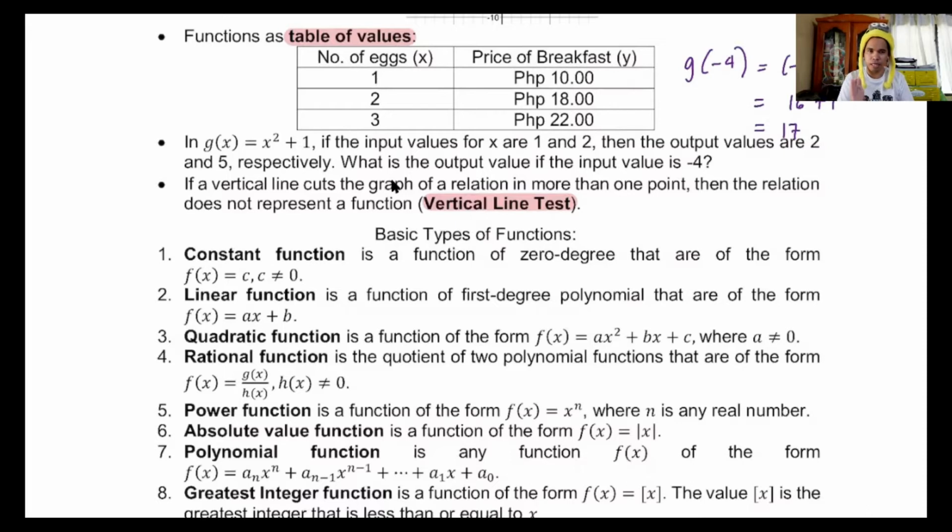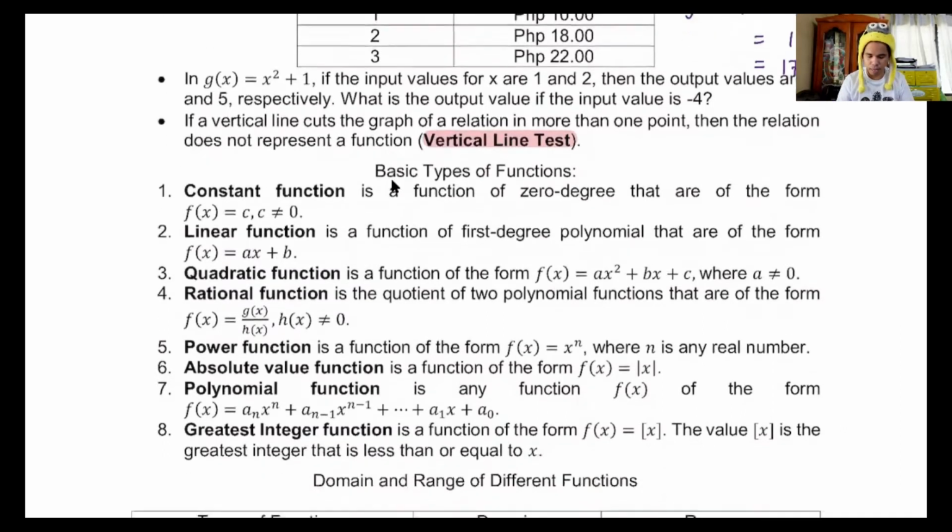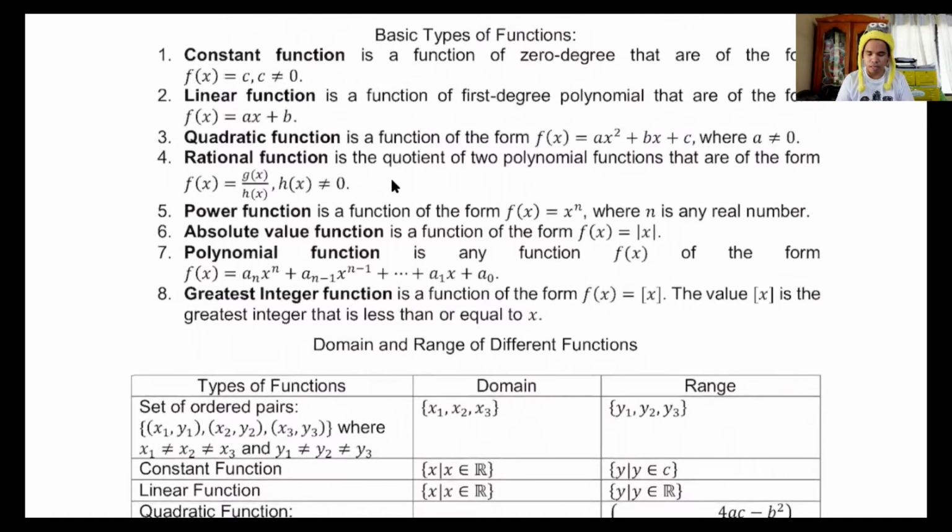If that vertical line crosses the graph of the relation at most once, it can be zero, it can be one, then that is the graph of a function. But if it crosses the graph of a relation twice or more, then definitely that graph is not a graph of a function.